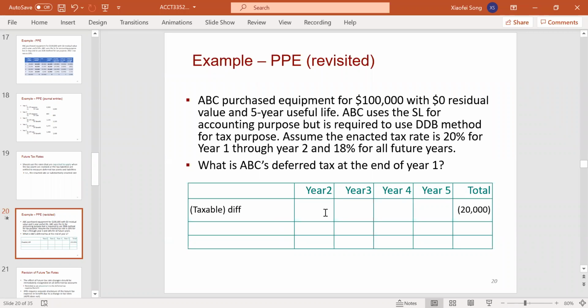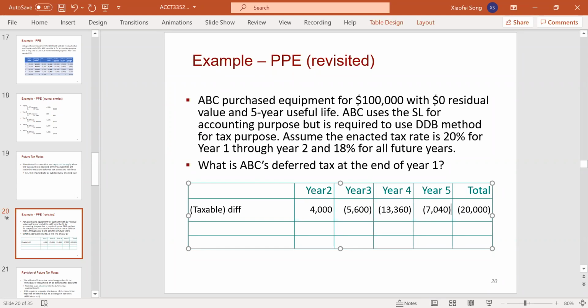In year 2, actually there was a further 4,000, and then if you look at our table, it changed by 5,600, and then the next year is 11,360, and the next year is 7,040.